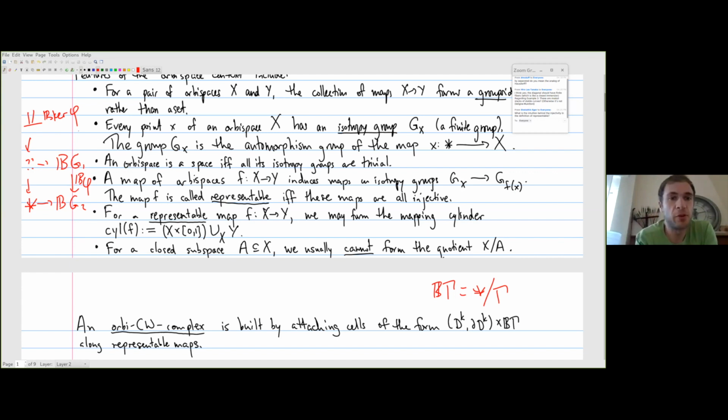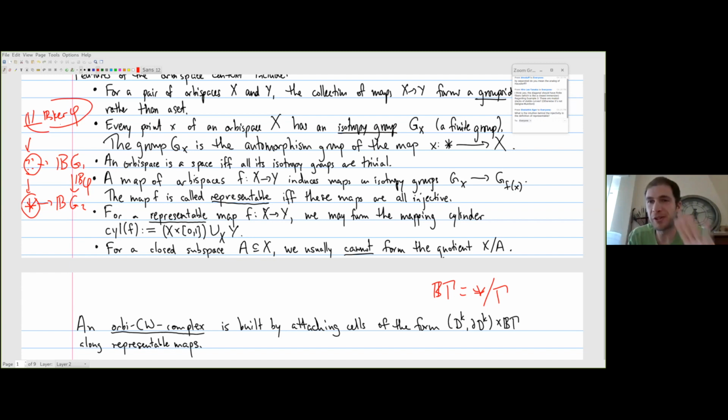Representability means any pullback is supposed to be a space if the thing over here is a space. That's the definition in the stack theoretic sense of being representable. So if I want this to be a space, the kernel better be trivial.